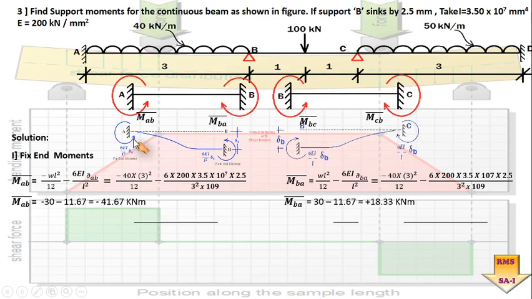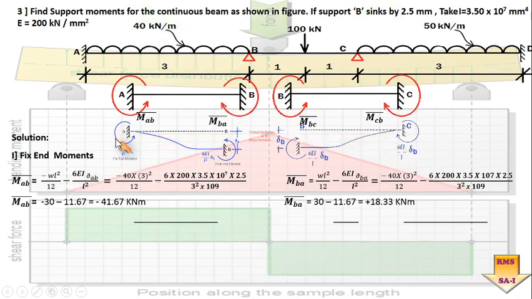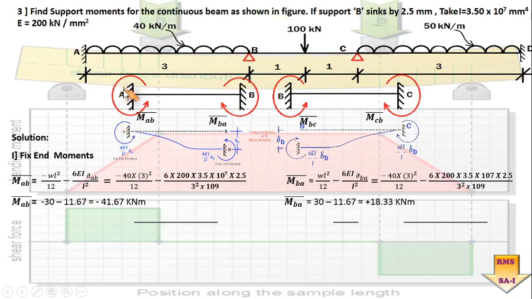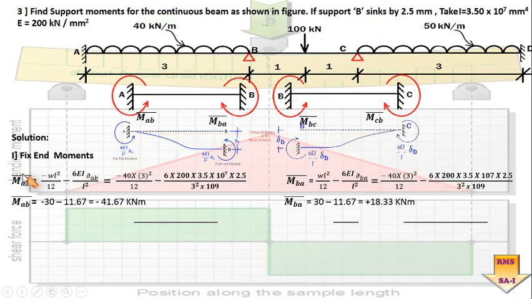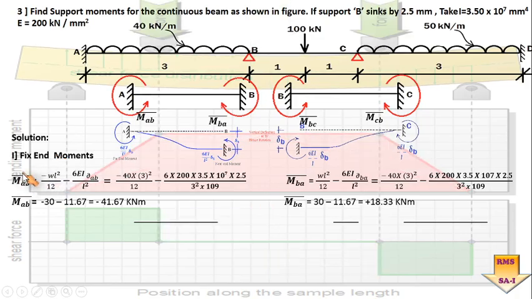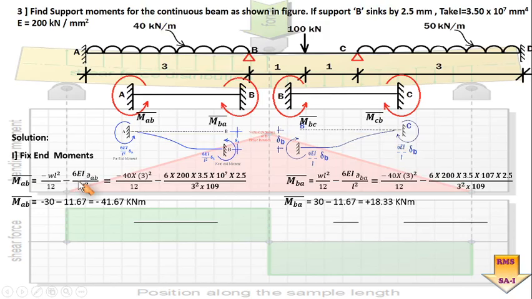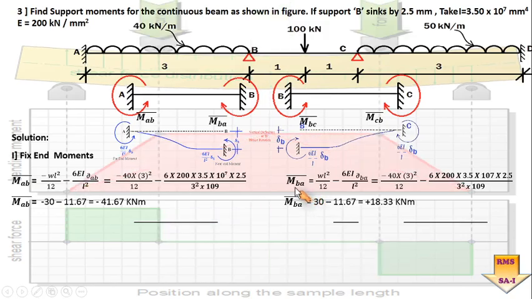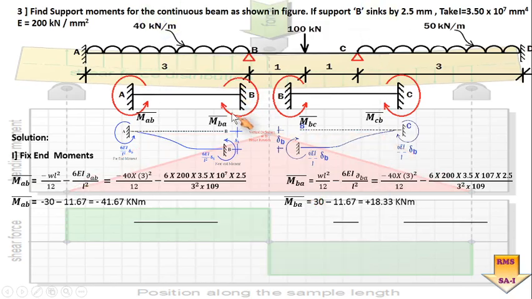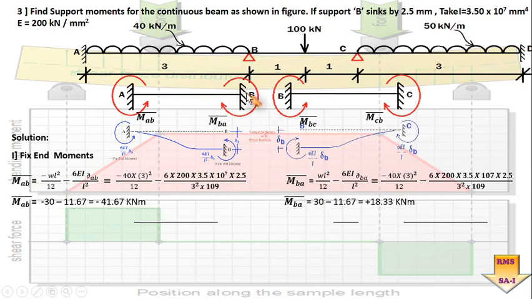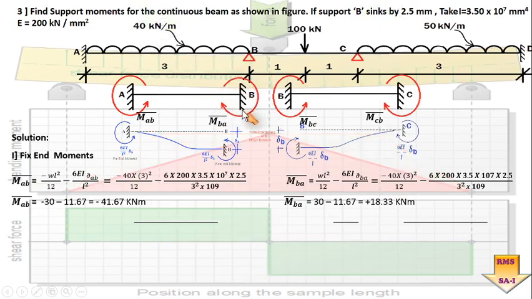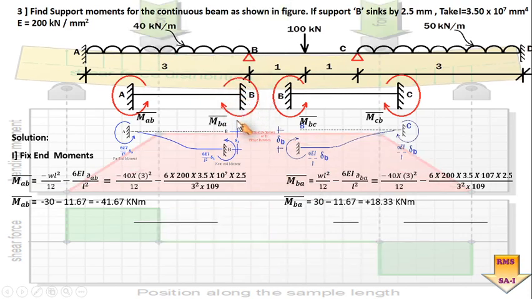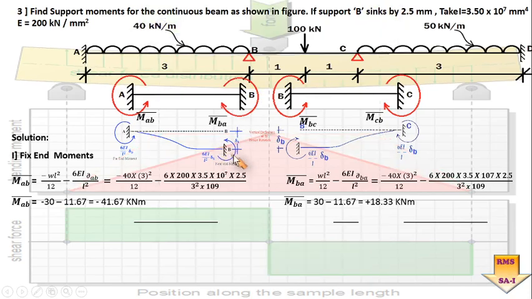Because again about point A it is in the anti-clockwise direction. So both are anti-clockwise, so for MAB near joint A, both are minus. Now as far as the right hand part is concerned, about point B, MBA is the fixity effect, which includes the effect due to the fixity as well as due to the sinking of the support.